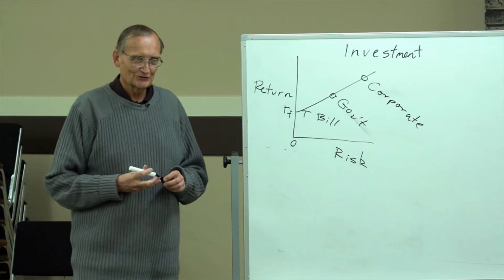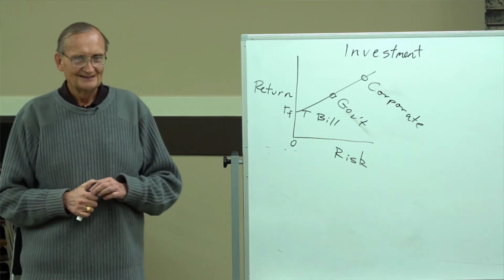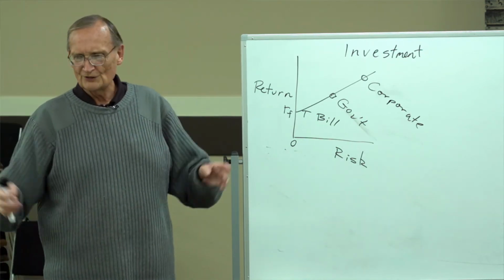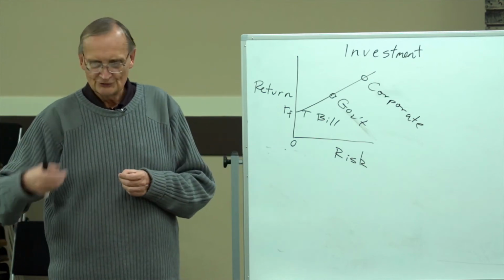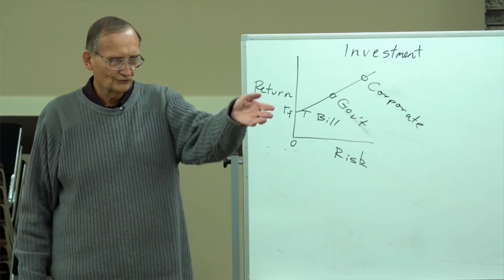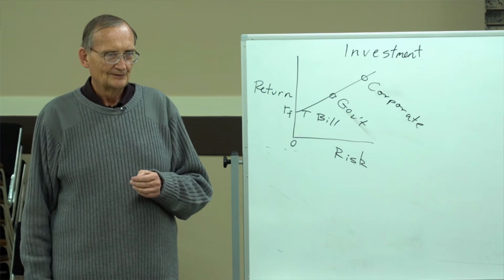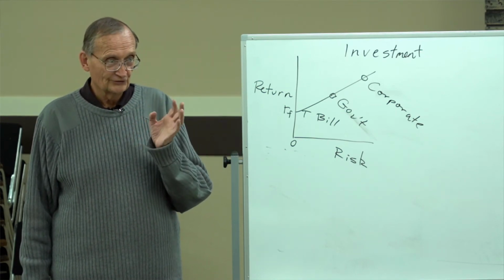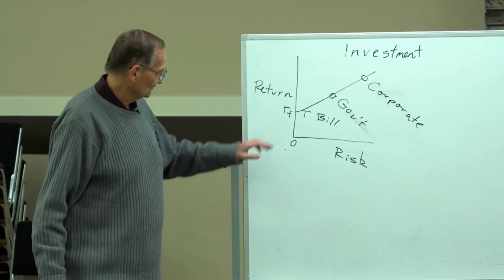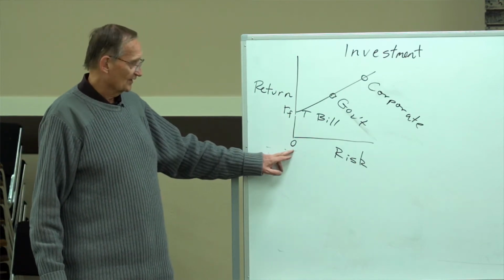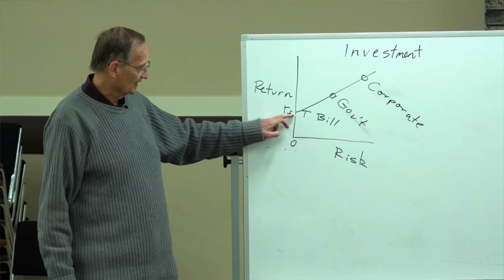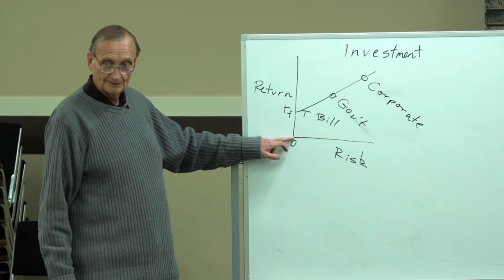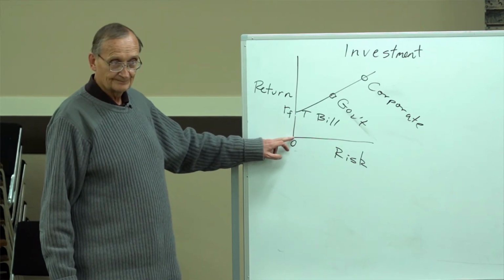Remember that short-term government debt, 90-day? There's no risk. They're going to print the cash for you. You will be paid back the 1,000 or the 20,000, whatever. So that's the risk-free investment. Remember I told you it was the base rate of all interest rates? Here it is. There is a return, but it has zero risk. That's why this line doesn't go to this corner. We okay? Yeah.